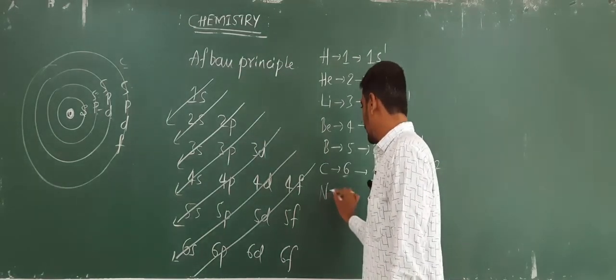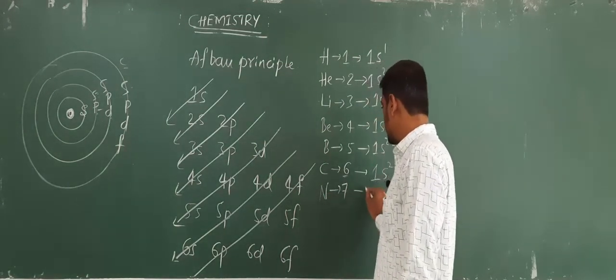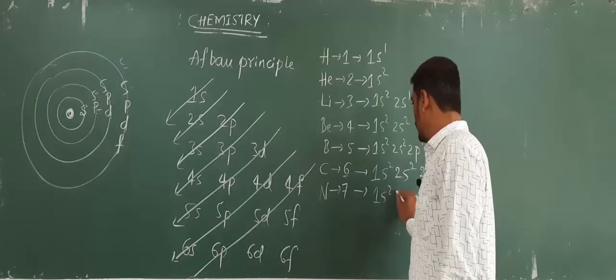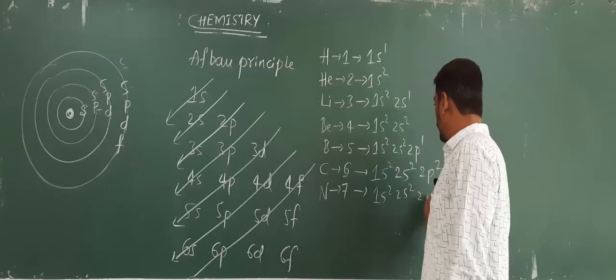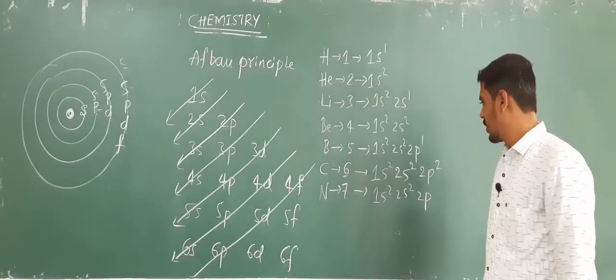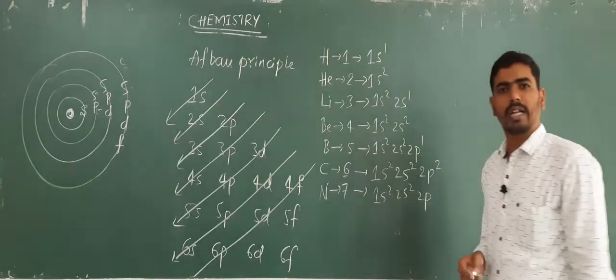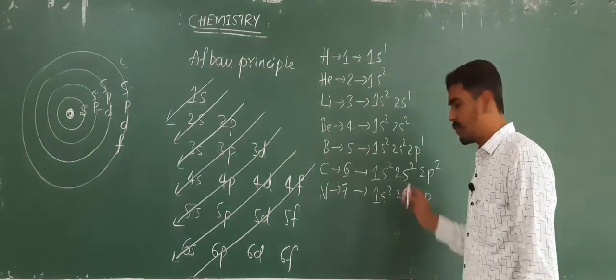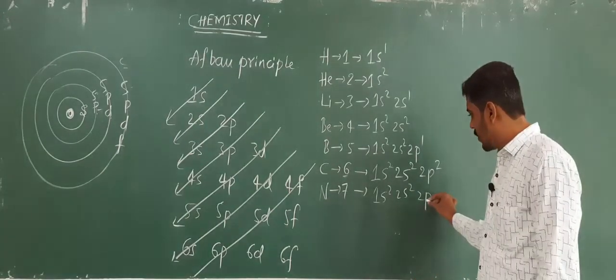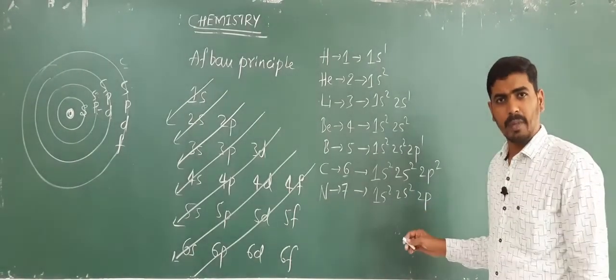Then nitrogen, its atomic number is 7. How will you write? 1s2, 2s2, 2p. 7 electrons are there. Now 2 plus 2, 4 electrons are filled up. How many will remain? 3 electrons. Will you fill that in the p orbital?